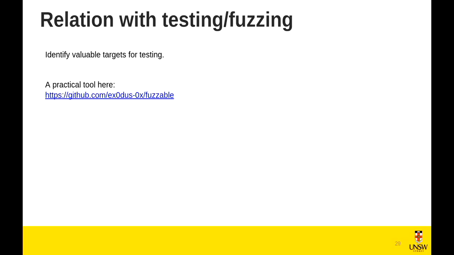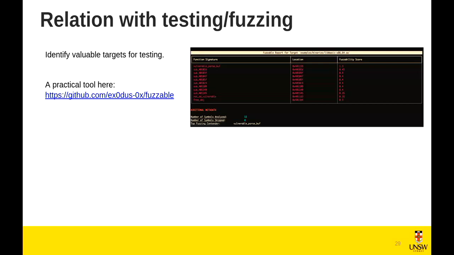There's actually a practical tool developed by one of the students at New York University, and this is a screenshot of the usage of the tool. As you can see here, it is usable on both binary and source code.